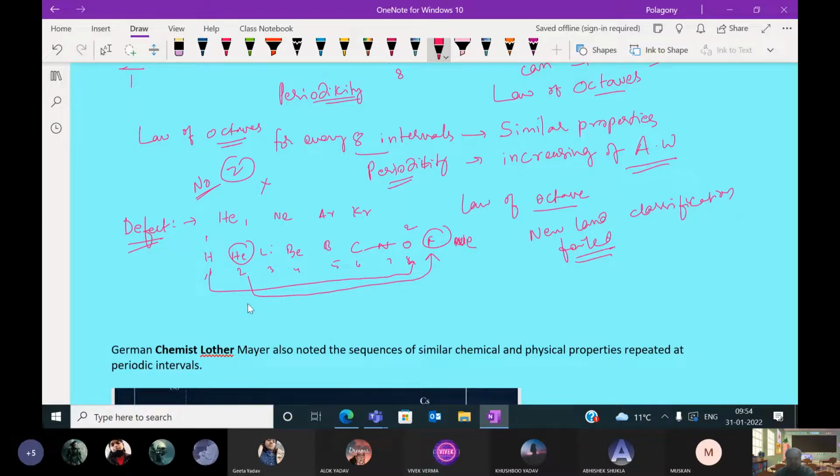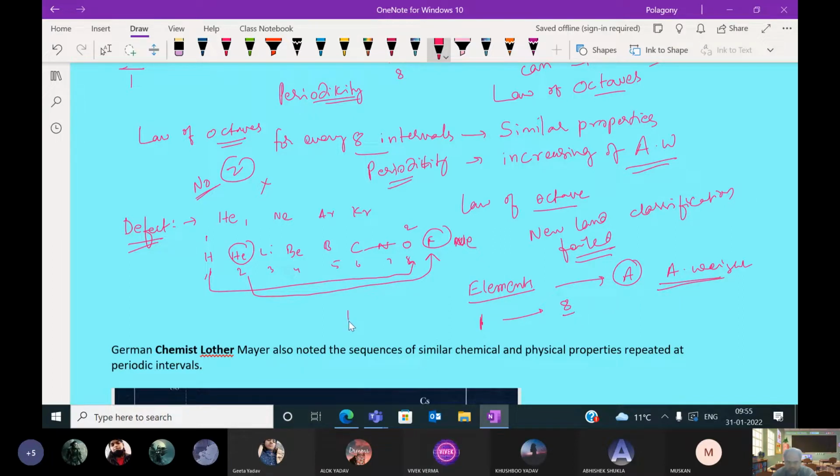Clear, everyone? Any doubt from this? Law of octaves system understood? For the law of octaves, elements must be arranged in what order? Increasing order of their atomic weights, such that the first element should have similar properties with the eighth element.